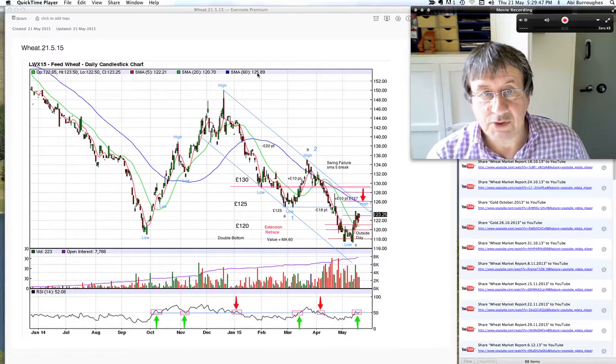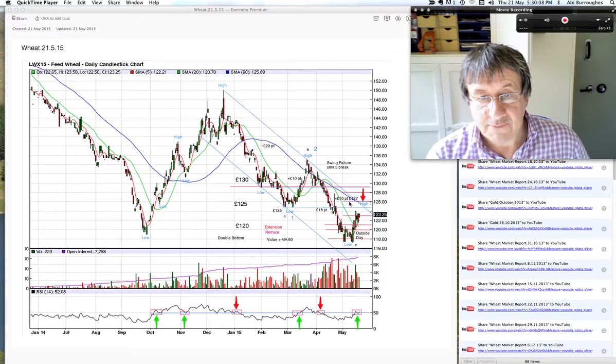What else have we got? The 6-day moving average, always our friend that we keep an eye on, and that's 125.89. Symmetry: we had a £20 a tonne drop in this last fall, then a swing high of £10 a tonne, then an £18 a tonne drop, and now we're looking at a swing high of plus 10, which brings us up to 127. There's confluence of all these coming into play.